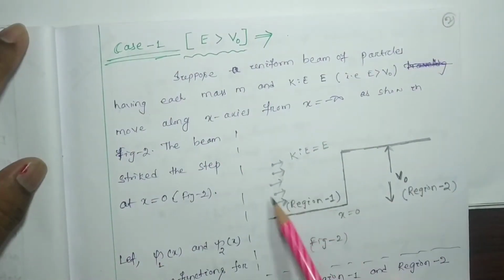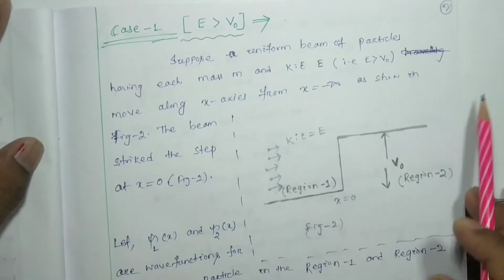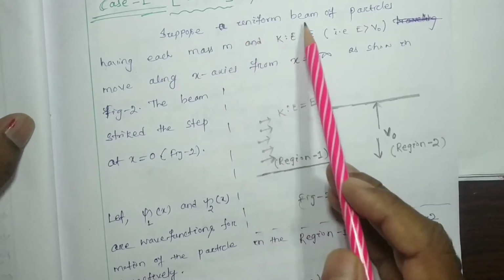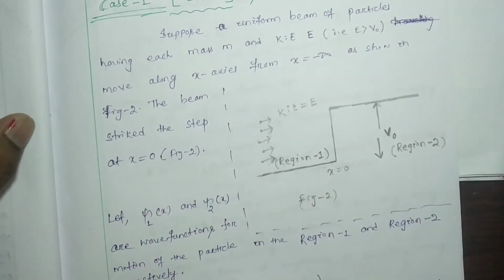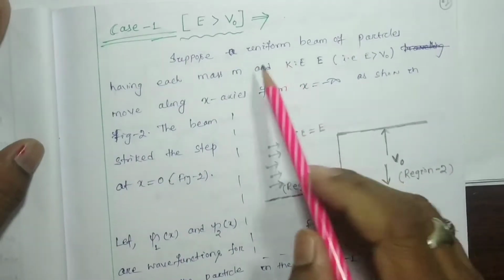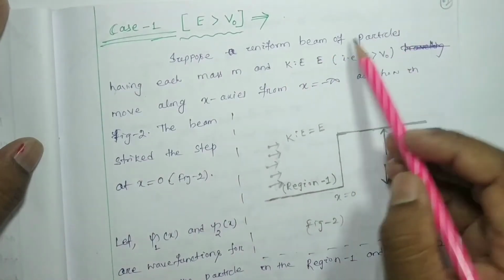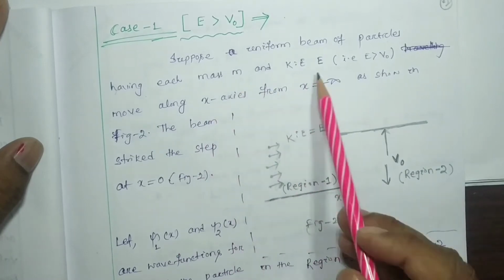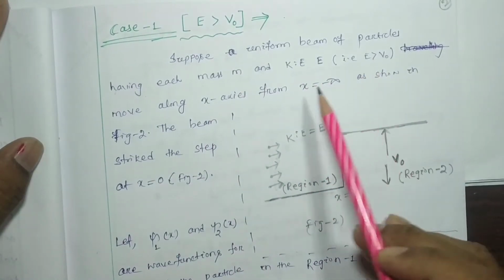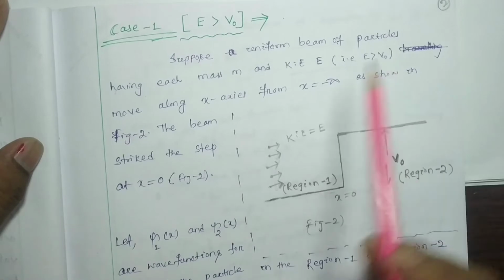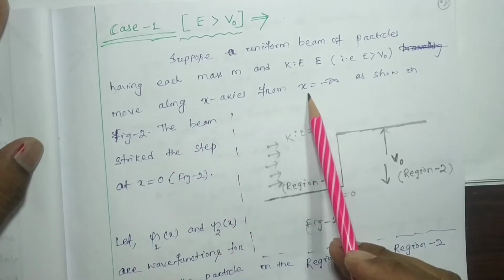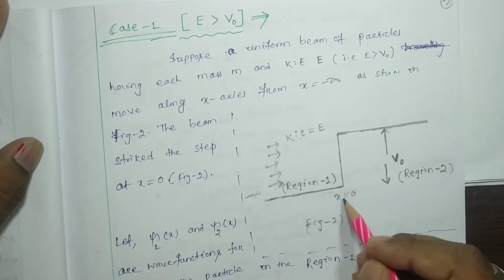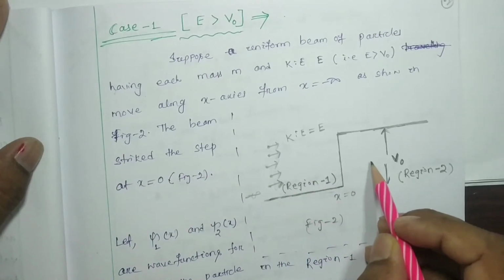Figure 2 represents a uniform beam or flux of particles, each having mass m and kinetic energy E, and here we consider E greater than V0, moving along the x axis from x equal to minus infinity towards x equal to 0, that is, towards the potential step.